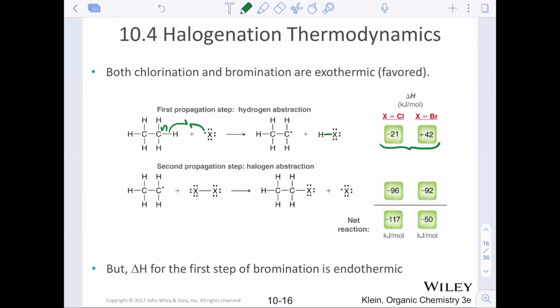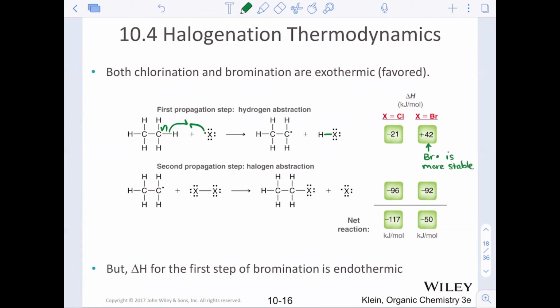Notice the difference here between chlorine being the radical that does this versus bromine being the radical that does this. What do you remember about bromine versus chlorine as anions? Well, we know that Br minus is more stable than Cl minus. The same goes here. Br radical is more stable. It's harder to react in hydrogen abstraction.